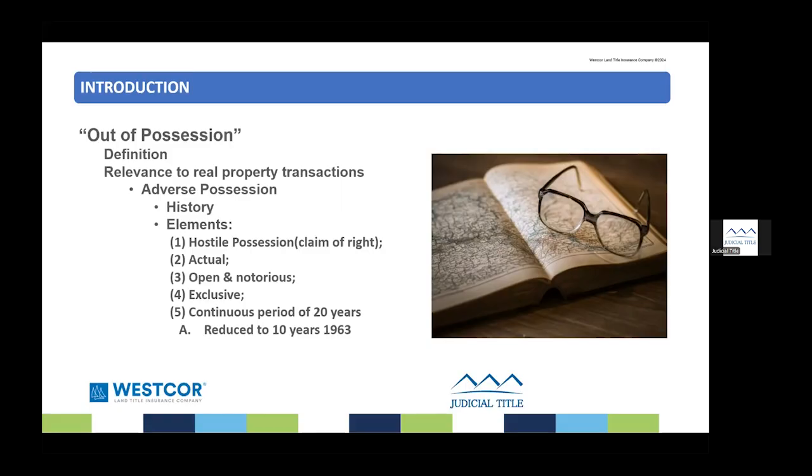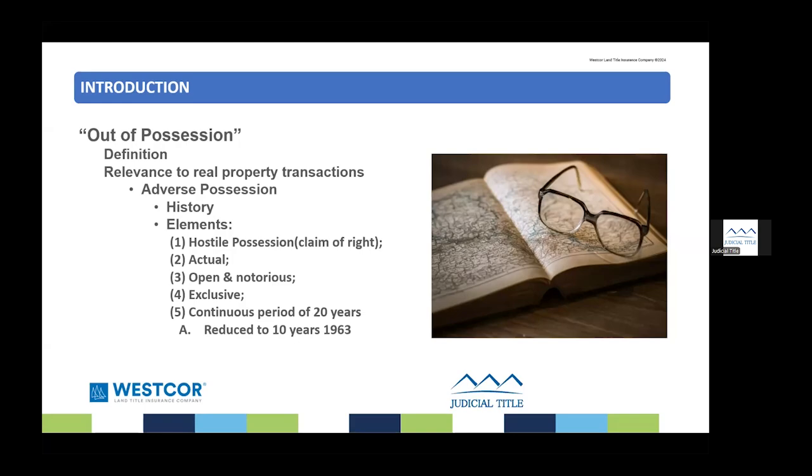But originally, you had to demonstrate hostile and under a claim of right, actual, open and notorious, exclusive and continuous for a period of time. Originally, it was 20 years, and that was reduced in 1963 to 10 years.